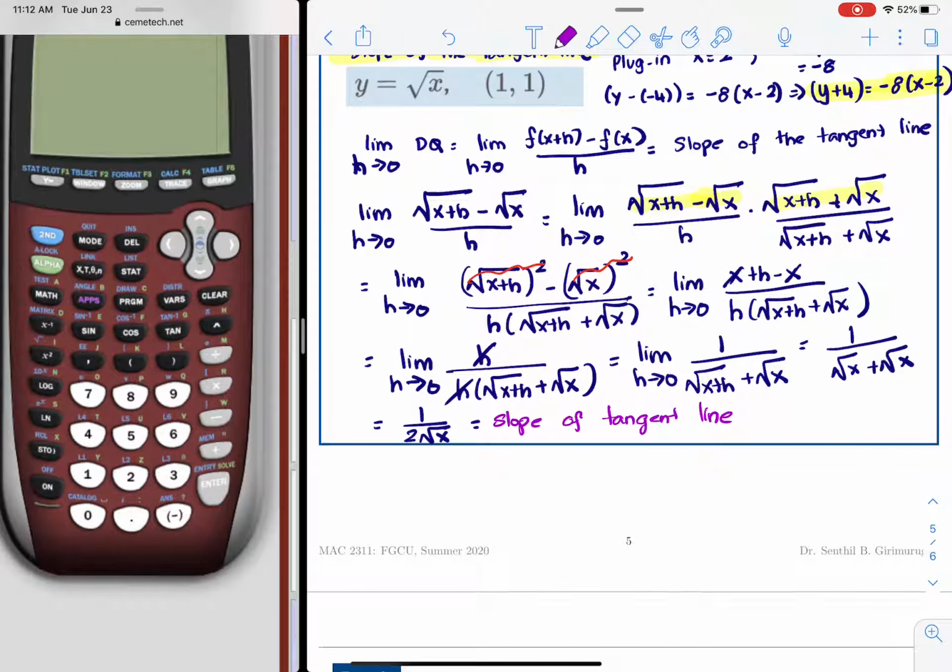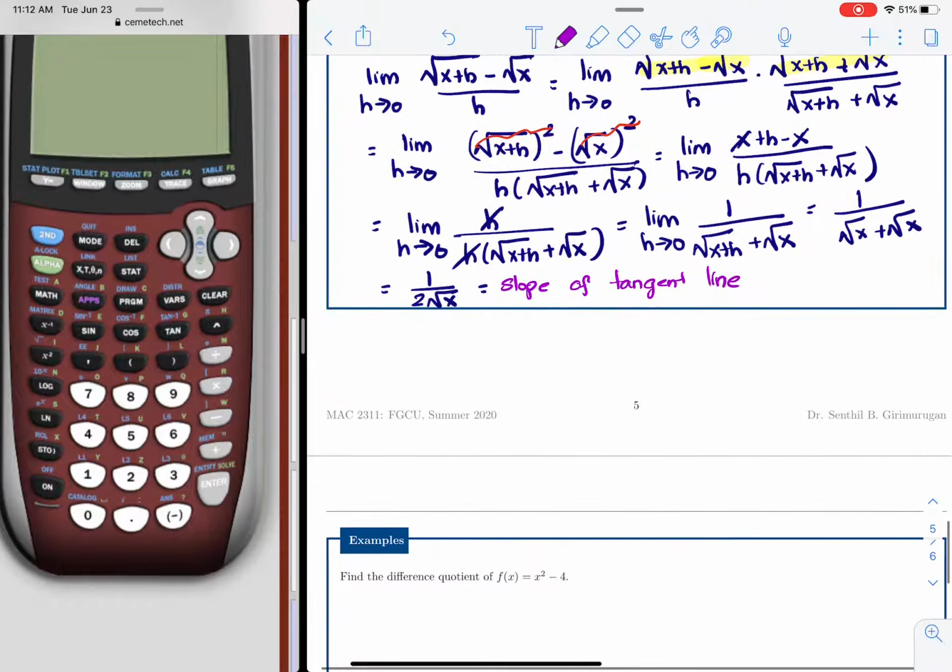All I have to do now is plug in the point that we have in the problem, the correct point corresponding to the function. So m equals 1 over 2 times square root of 1, which is 1/2. So I have the slope of the tangent line at (1, 1).